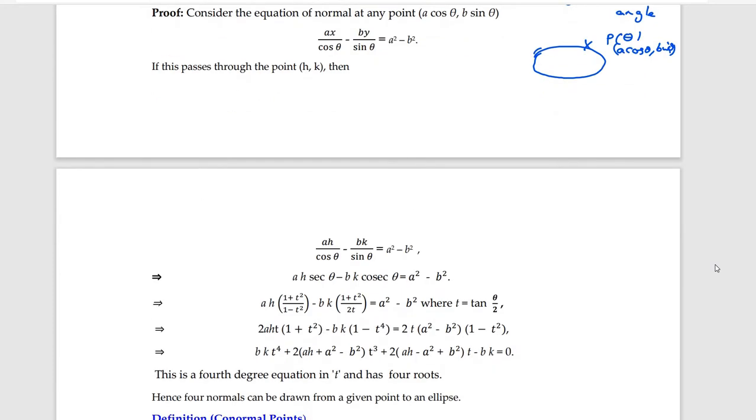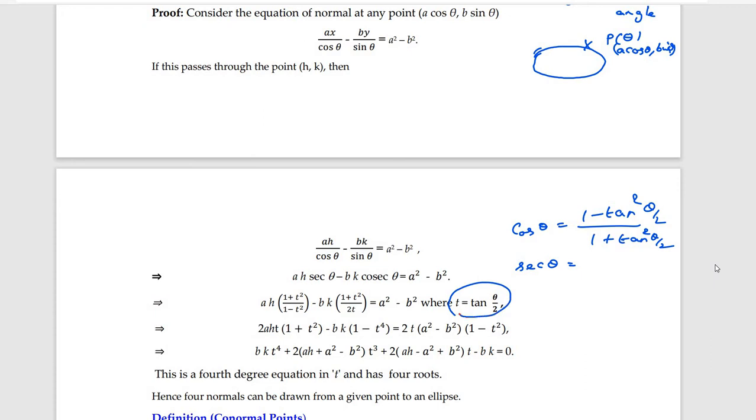We know that cos theta is given by 1 minus tan square theta by 2 over 1 plus tan square theta by 2. So secant theta, taking tan theta by 2 as t, will become 1 plus t square by 1 minus t square.